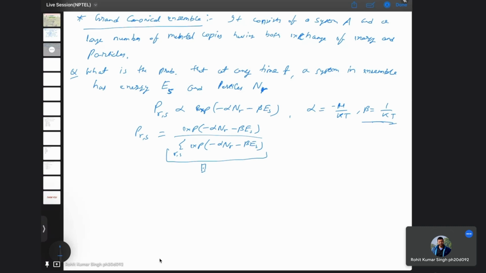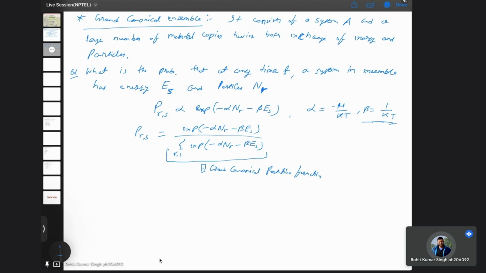So it is the grand canonical partition function, or we can also call it the grand partition function. This is the probability that at any time t, system A is found to be in a state with energy Es and with particles Nr.